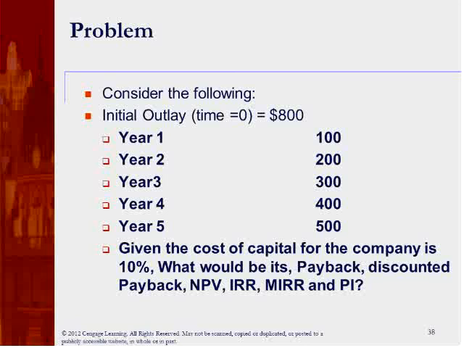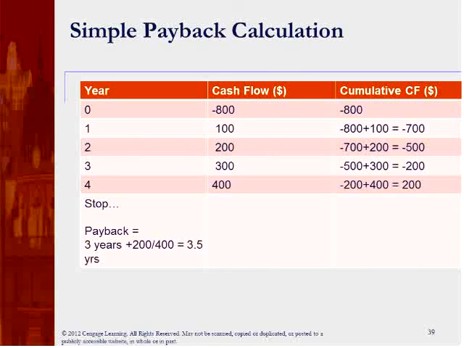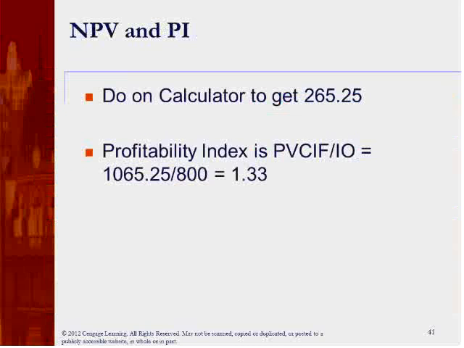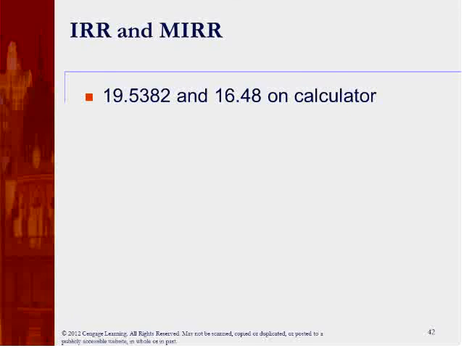Let me go and check our answers. Payback 2.35. Discounted payback 4.14. NPV and profitability index. Profitability index is simple. You need to take the present value of cash inflows, which is 1065.25, divided by 800. You add NPV to initial outlay, you'll get the same. IRR and MIRR, we got those right. Okay? Did everyone get these answers?